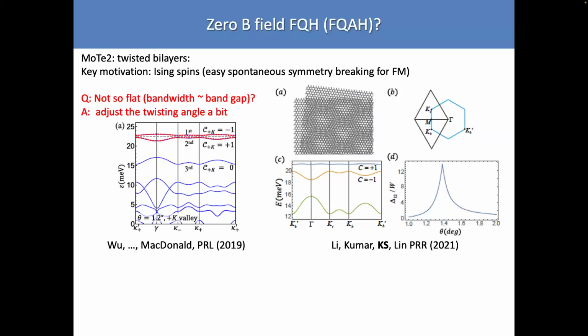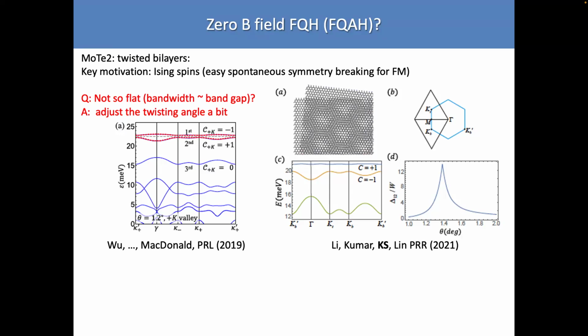Because from previous studies about fractional Chern bands, we know what we need is the band gap delta to be large and the bandwidth W to be small, which means we want the ratio of band gap to bandwidth to be as large as possible. Once we know our target, then it's just optimization. We have our tuning parameter, which is the twisting angle. We just scan the twisting angle and see which twisting angle gives us the largest gap to bandwidth ratio.